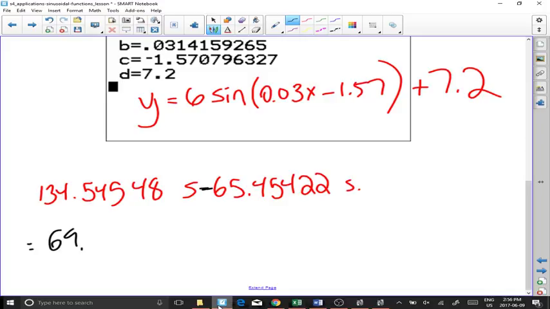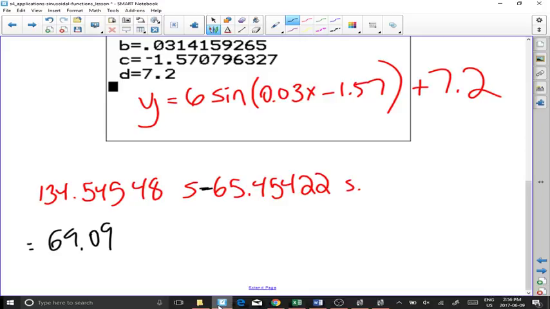Is it 69.09 when we round to two decimal places? Yes.